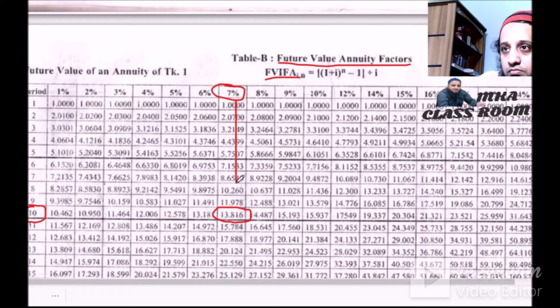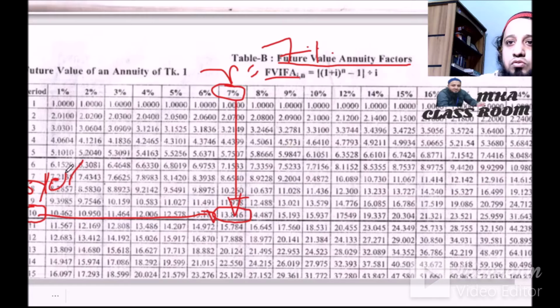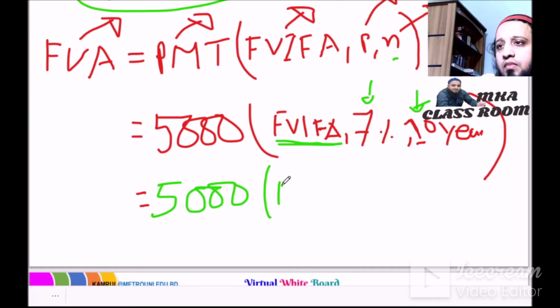So R equals 7%, N equals 10 years, and where they intersect is our desired value, 13.816.